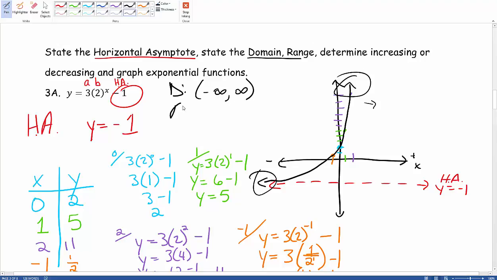Talking about the range now. Well, we start from our bottom and then go up. So it looks like the smallest thing that y can be here is -1. But since it can't be -1 because it is an electrical fence, we do have that parenthesis around it. It means we can't actually obtain it.